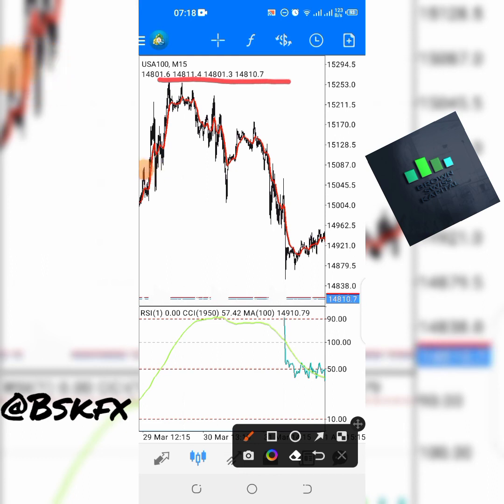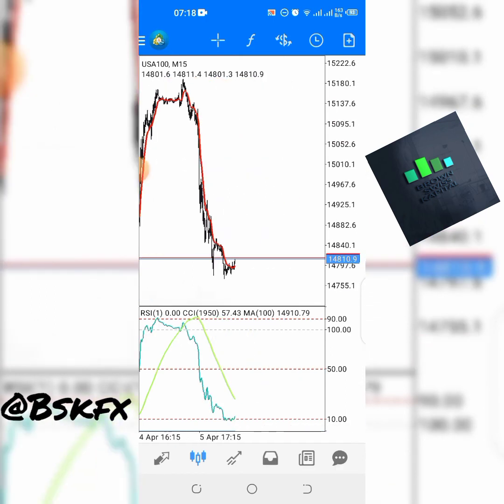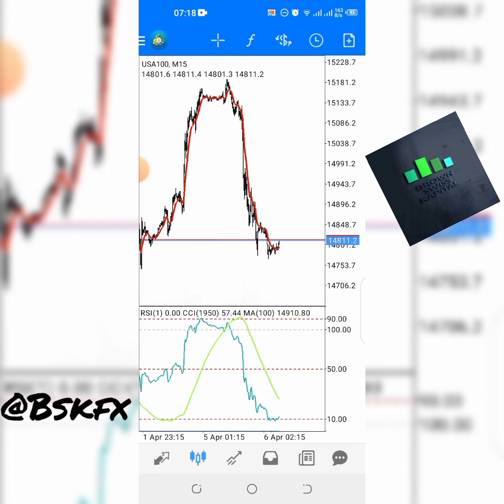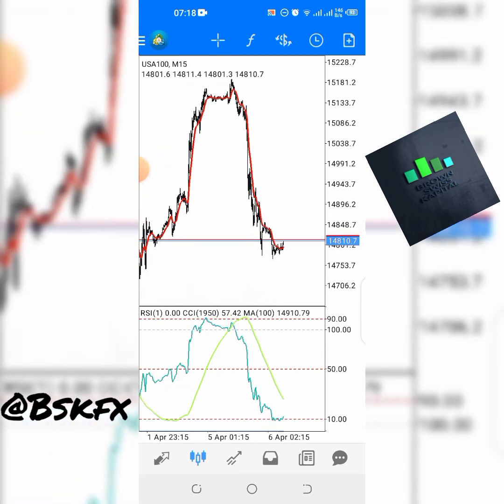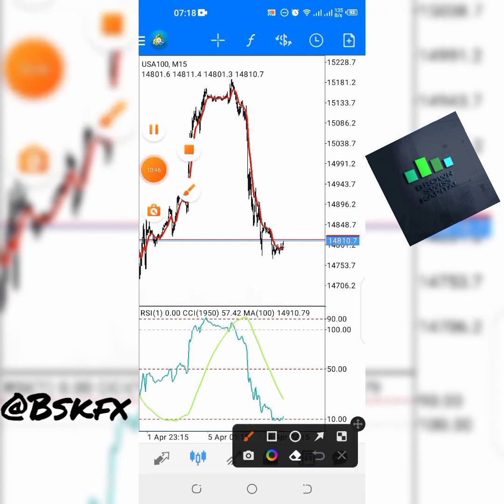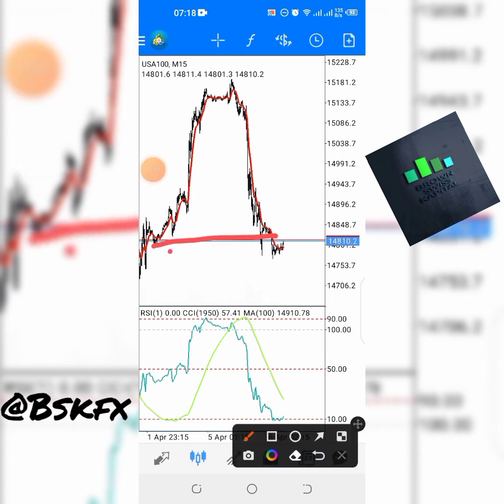Or you can even use this, it's up to you, but don't make it too tight, to allow for price to move a bit. And my TP was hit, it was about that level.